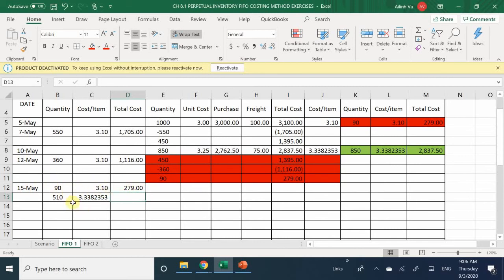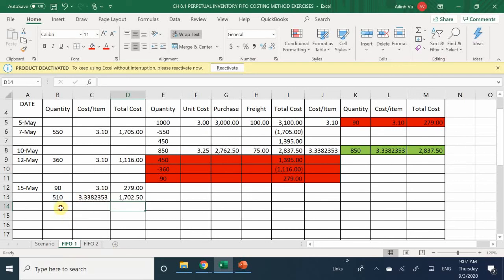I'm just showing this to you for the sake of where I got the number from. We are selling out our entire 90 batch, so we're getting rid of our red batch as is. And then lastly, let's solve for the second one from the green batch.